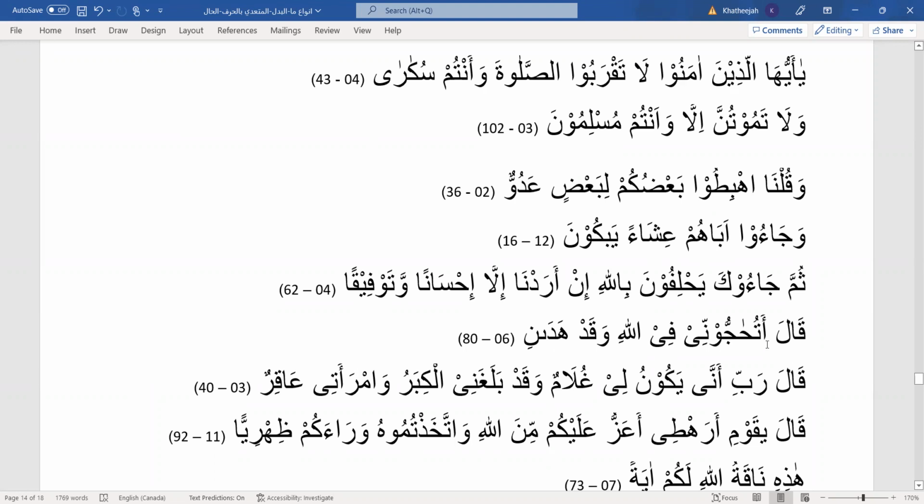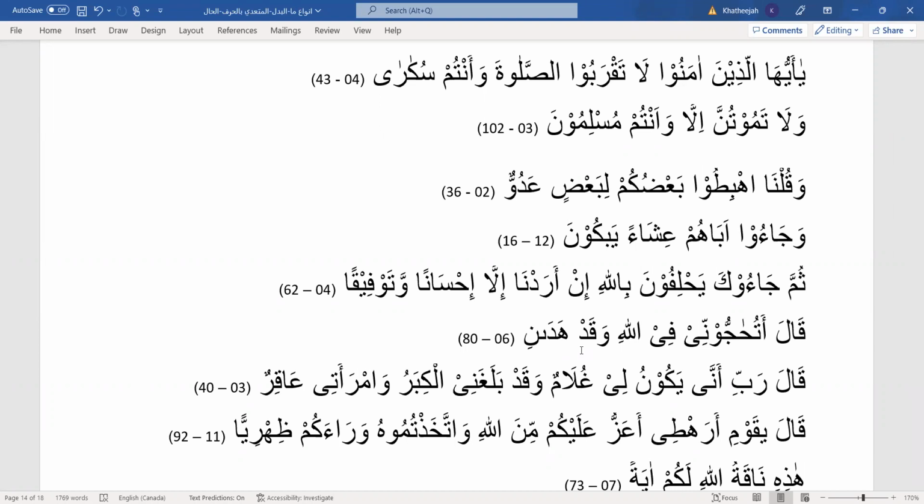He said, "Do you all argue with me regarding Allah, waqad hadani, and he has guided me?" This is how we normally translate. But when a jumla fi'liya which has madi in it comes as hal, then it should start with waqad if it has to be a jumla haliya.